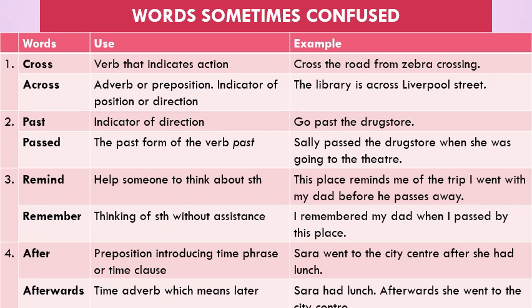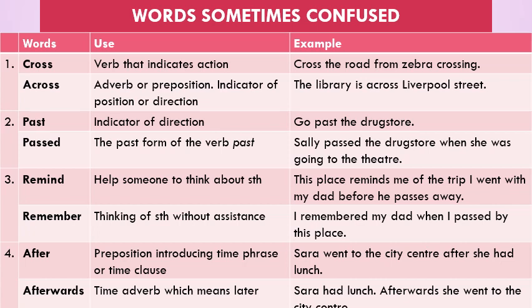For instance, when I say, if you go to the main street, the library is across Liverpool, that street. So you just want to go across that line or that road. Cross means you walk across this road.